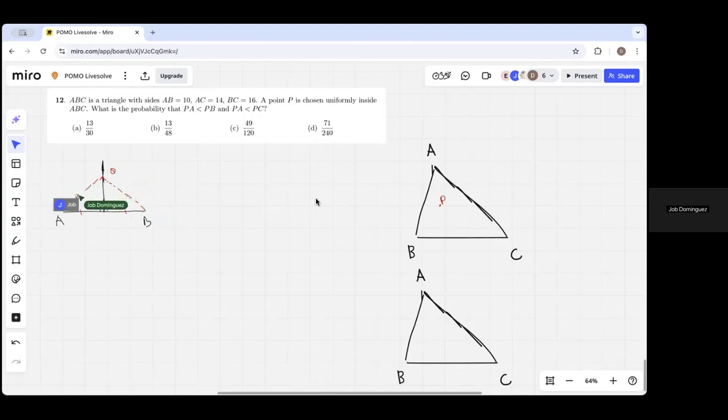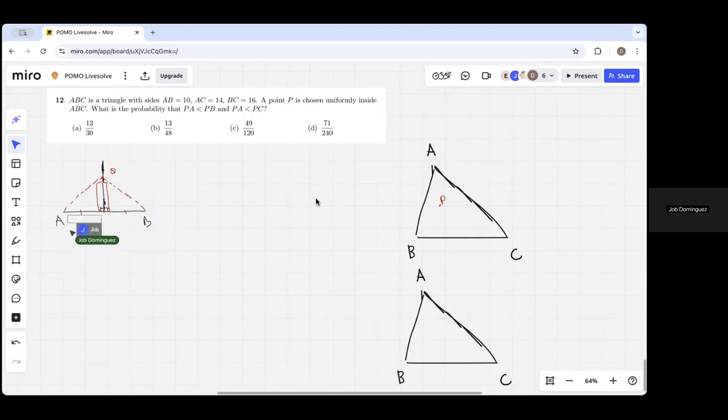We can use the Pythagorean theorem or similarity of triangles to say that AQ is equal to BQ.